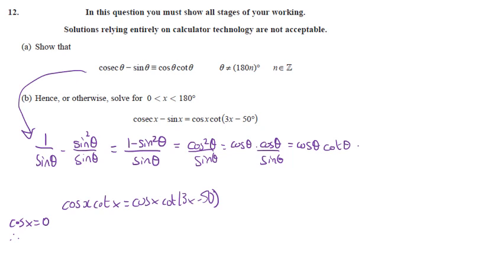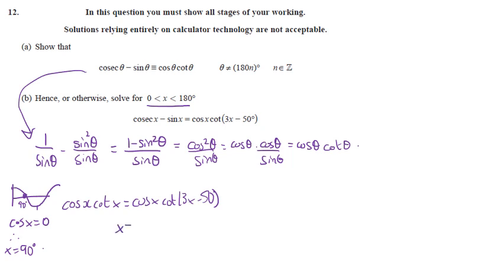And if cos x is equal to 0 in the interval that we're solving in, 0 to 180, then that leads to x equals 90 degrees. Okay, so cos theta looks like that. So between 0 and 180, the only solution is there, at 90. Okay, or alternatively, the cotangent bits are equal.